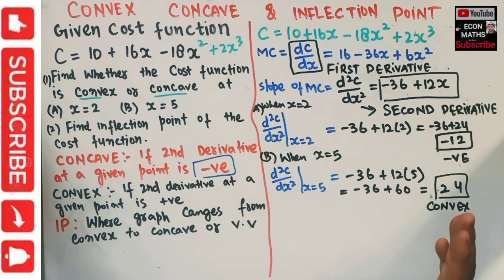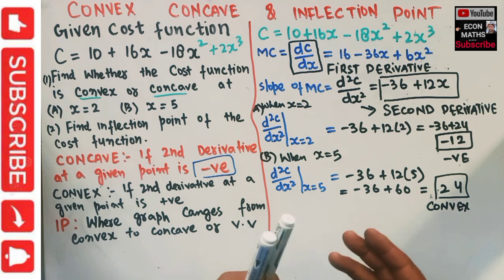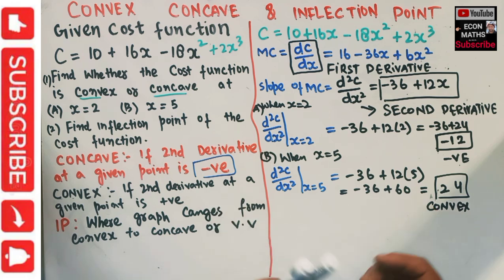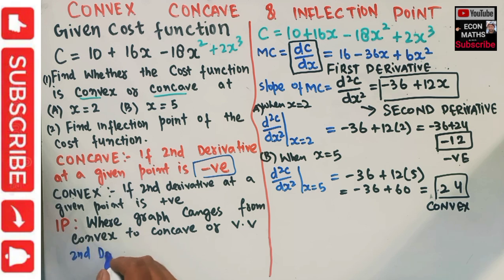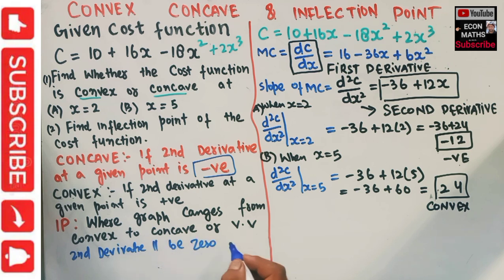Now the second question is to find the inflection point. At the inflection point the second derivative will be either 0 or undefined. Let me write it here: at the inflection point the second derivative will be 0 or undefined.